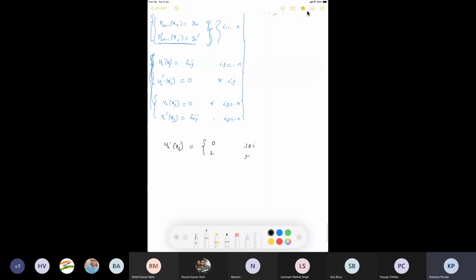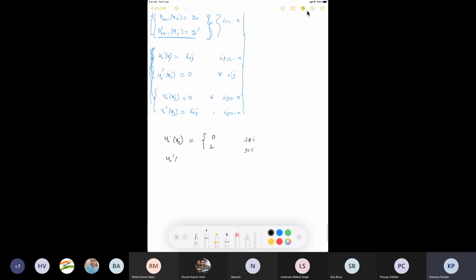And when it is equal to i, then this would give me 1, right? Another property which I seek for ui is that its derivative should be 0 even for the case when j is not equal to i, and also 0 for j equal to i. That is, it is identically 0 for all i and j.